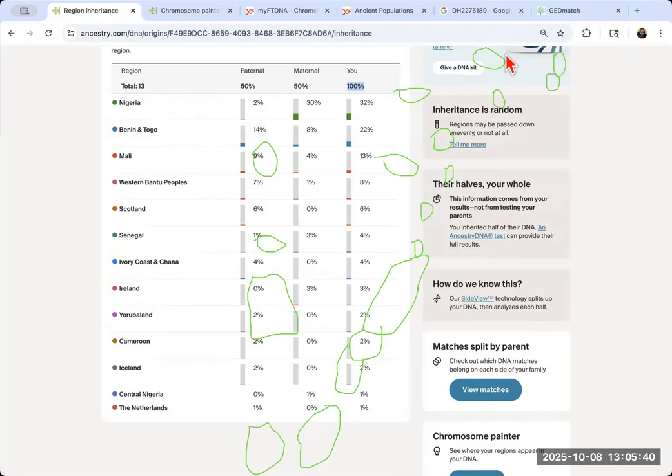One was way up here. 22 was way down here. So you missed, that's not 100%. There's no way. So that's one.